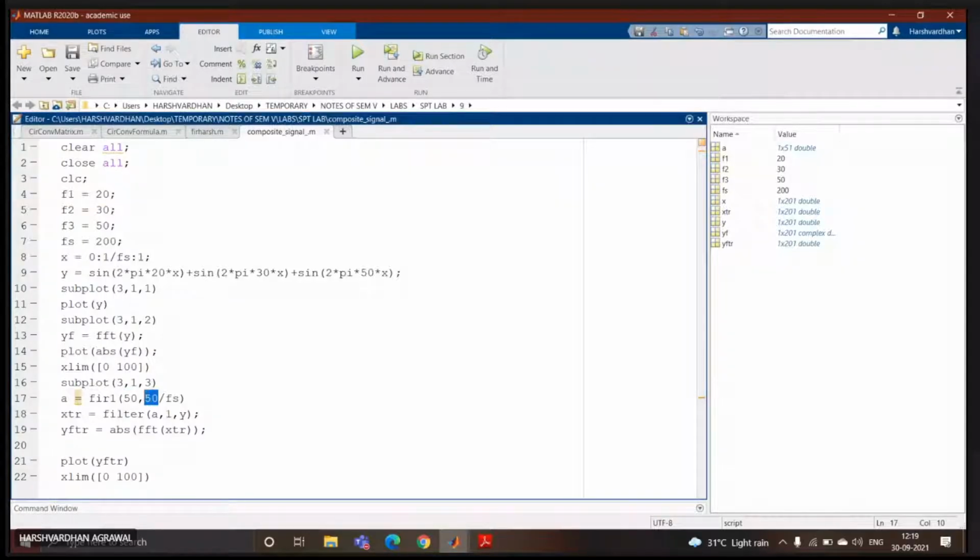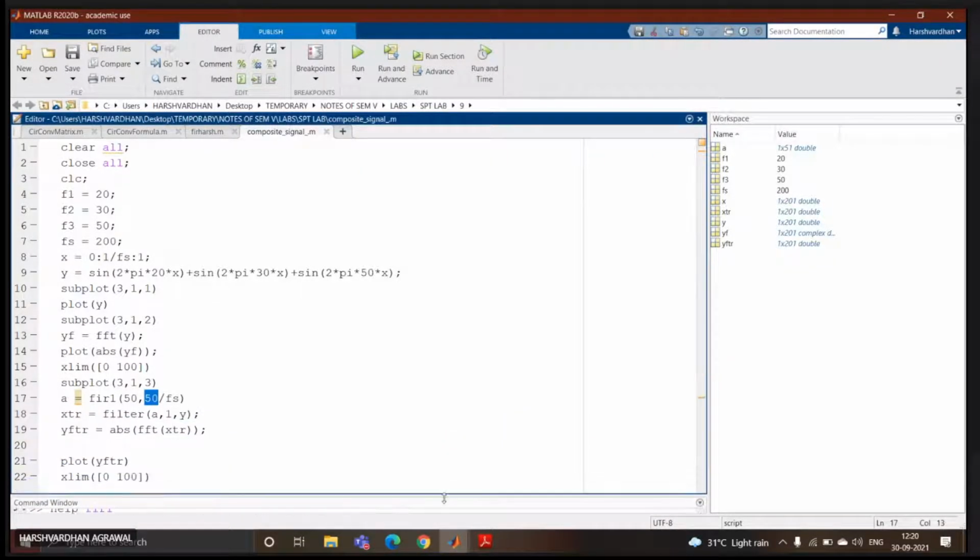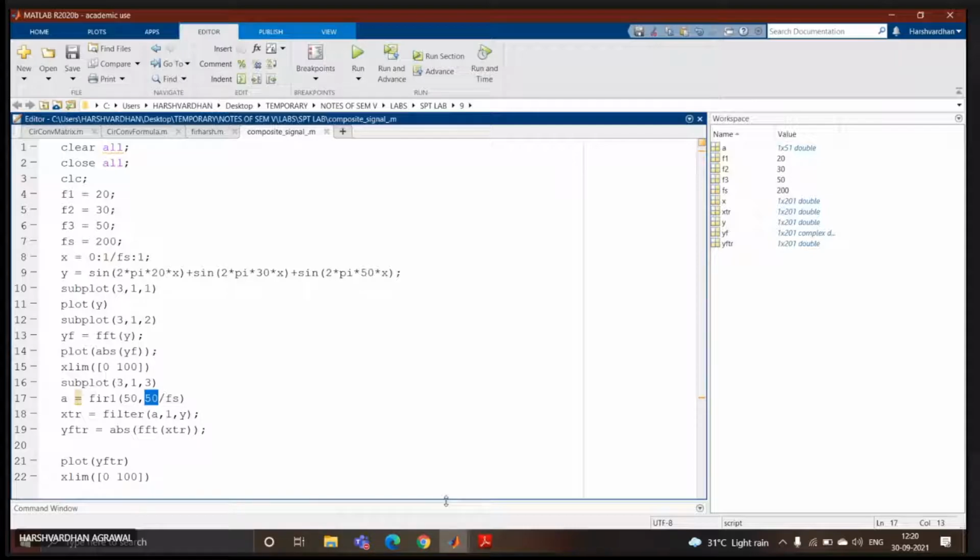No, here, sir. No, the normalized condition. It is fs or fs by 2 that you are dividing. Sir, my fs is 200, sir. So we can keep this from 0 to 100, sir. The cutoff frequency. Okay. And then it is dividing by the sampling frequency.